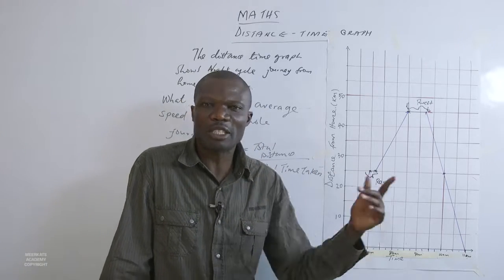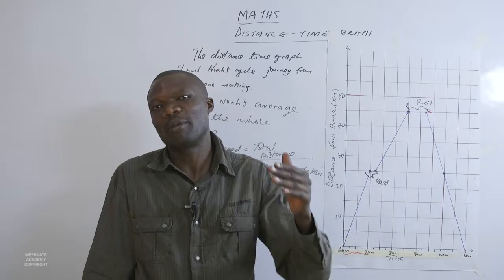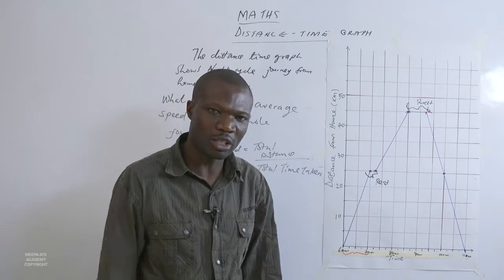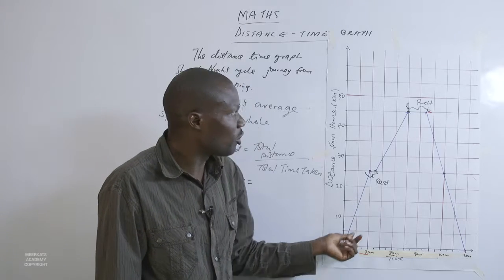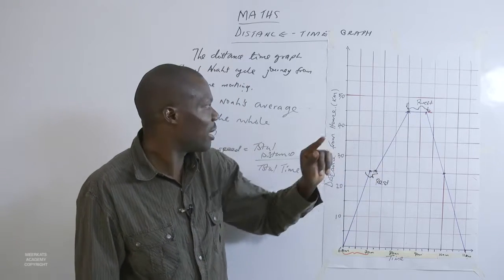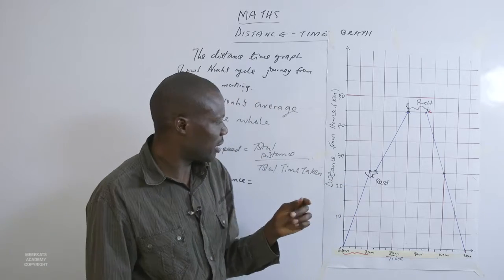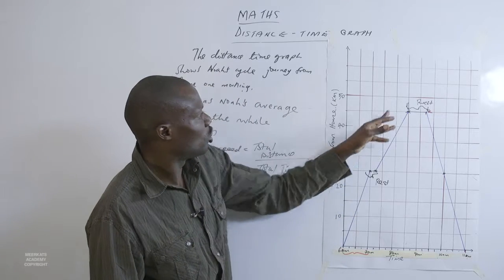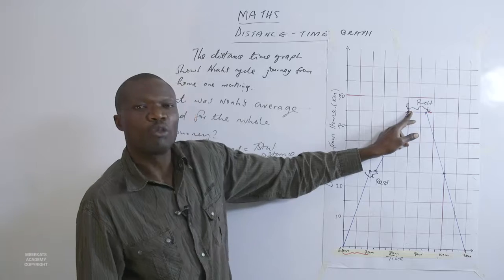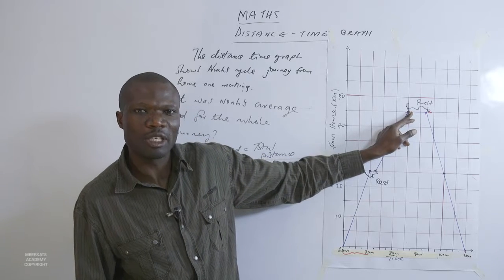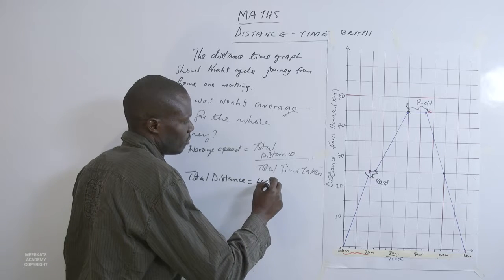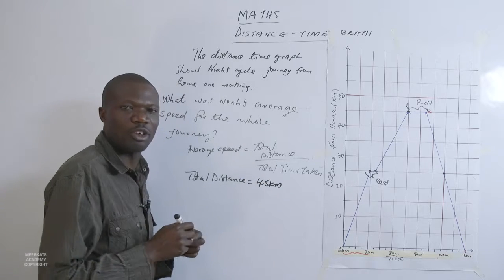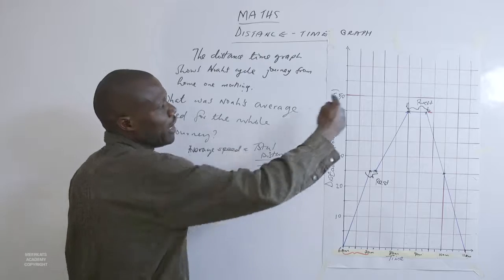If this person had passed somewhere else, then we would add more distance. But here it is telling us, for Noah to start turning back, he had covered how many kilometers? Let's see. From 0 to 50 minus 5, that is 45 kilometers. These 45 kilometers are to the destination.